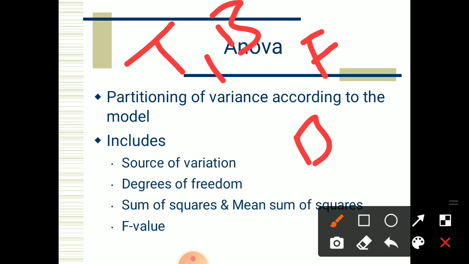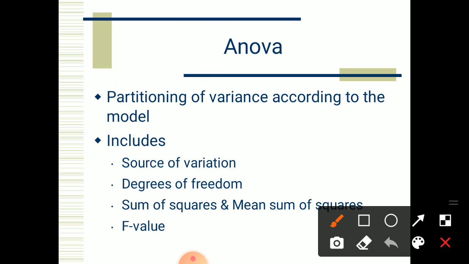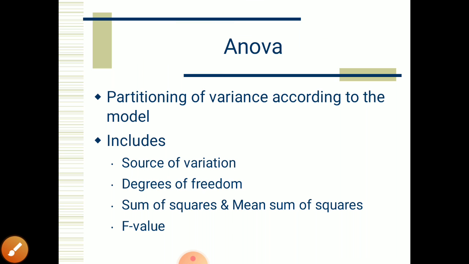We'll just see here what this ANOVA contains. What it contains is basically the source of variation, in the form of breed, treatment, or error also. Error will also be there in the source of variation.